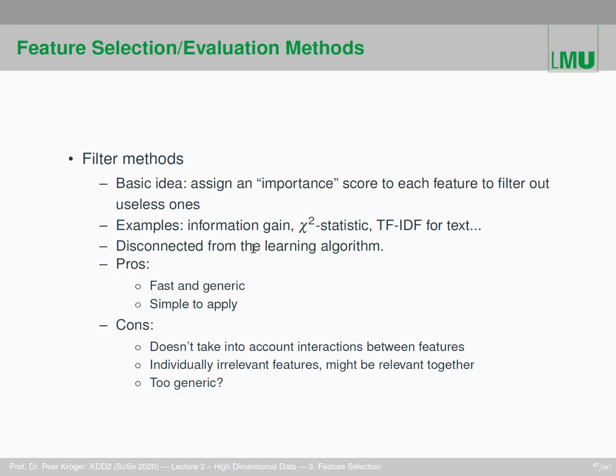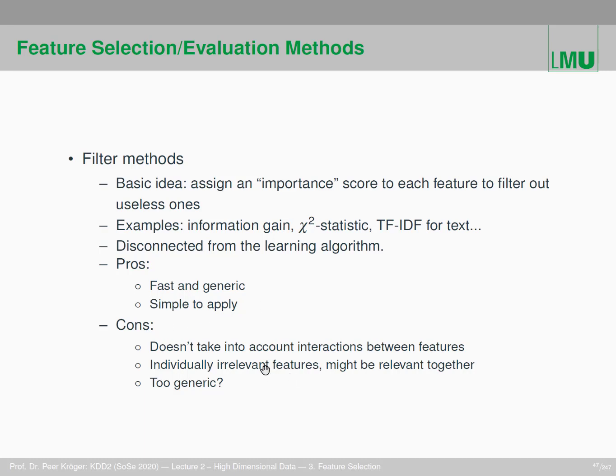So those methods are good in those scenarios because they work with any learning algorithm you want to employ later on. The pro: it's fast, it's generic, and it's typically simple to apply and implement, and implementations in Python or elsewhere often exist.